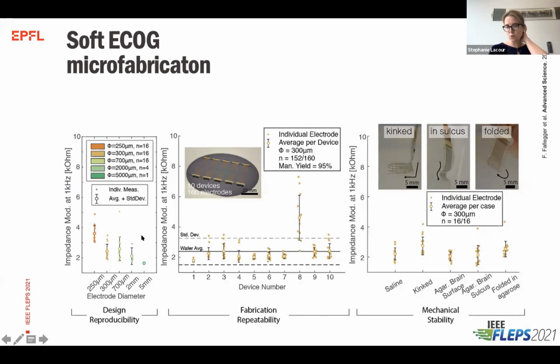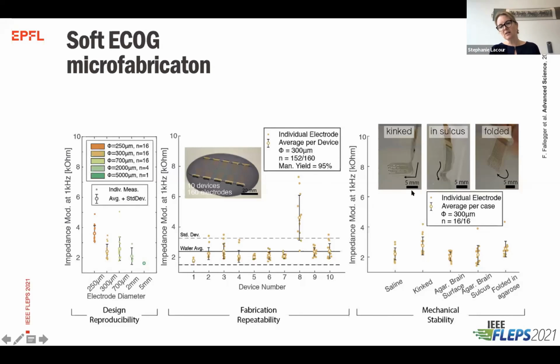Everything is produced over a wafer, so we make 10 devices per wafer. This is across 160 electrodes. This is the average impedance that we have obtained. We have a yield of 95% for this type of electrode in terms of reproducibility and stable response.